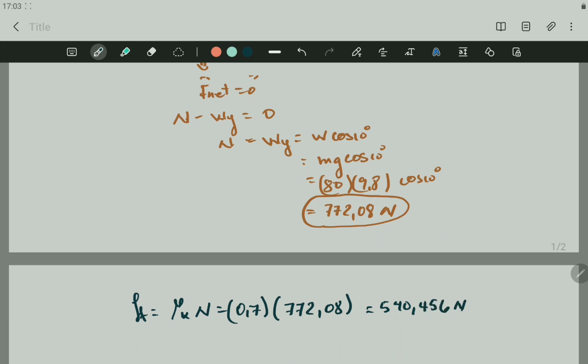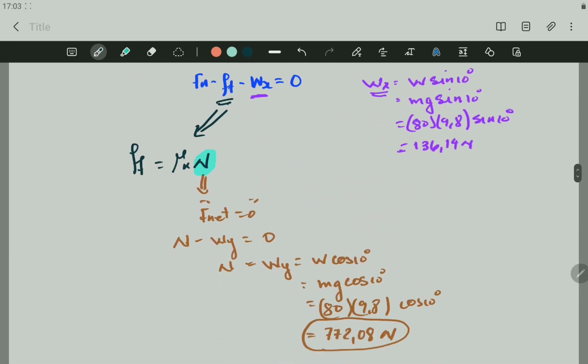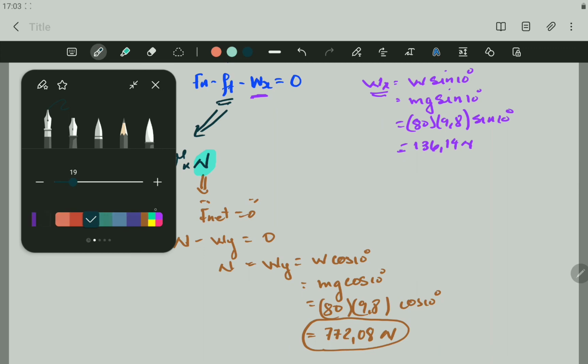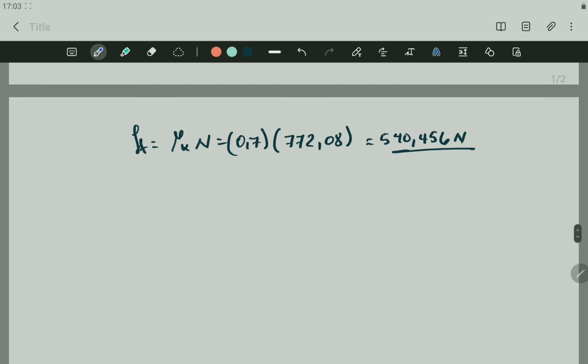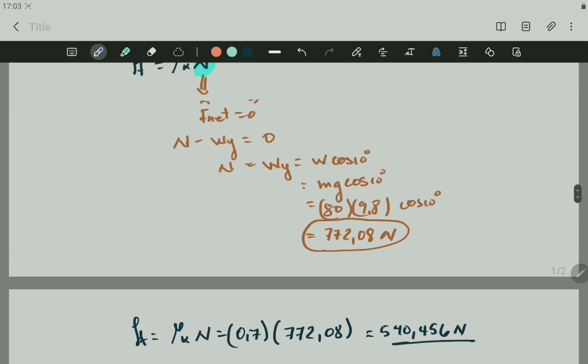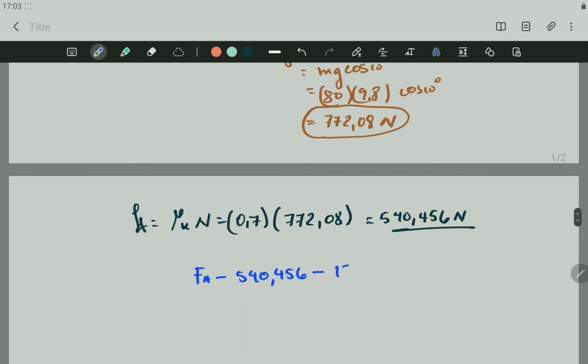So the frictional force is going to be equal to 540.456 Newton. So saying that, we can go back to Newton's first law and do all the substitution of all the information we have. The applied force is what we're looking for. So applied force minus frictional force, which is 540.456, minus weight in the x-axis, which is 136.14, and all that is equal to 0.